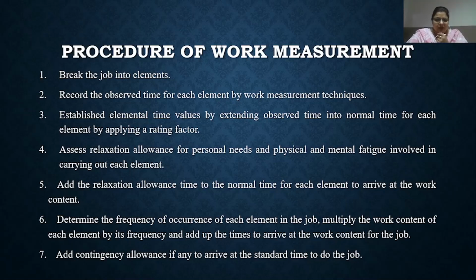Next step is to add contingency allowance, if any, to arrive at the standard time to do the job.